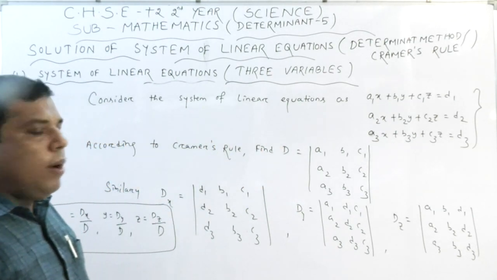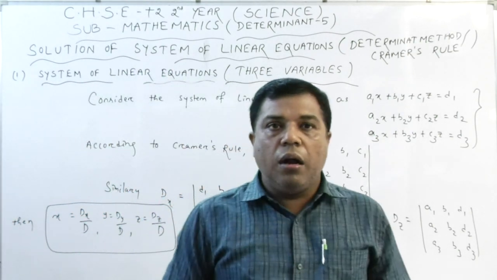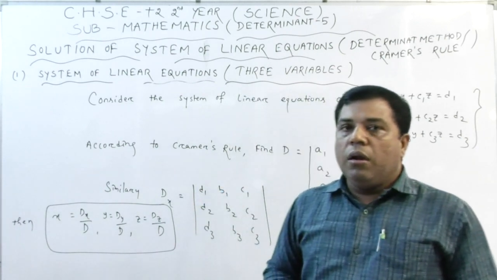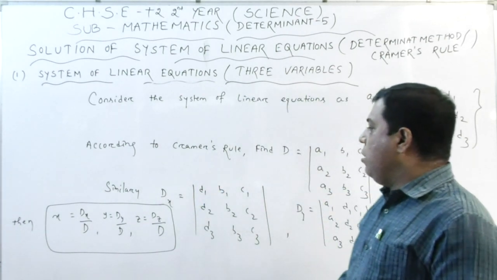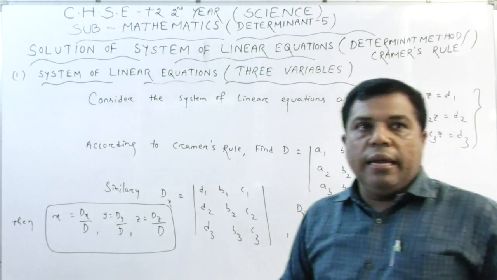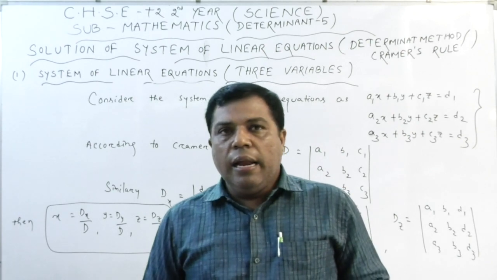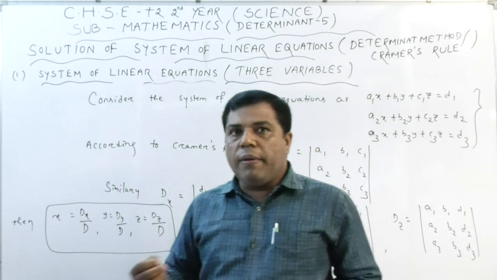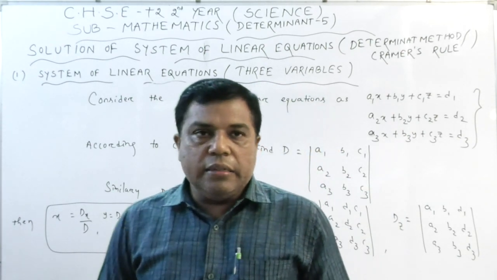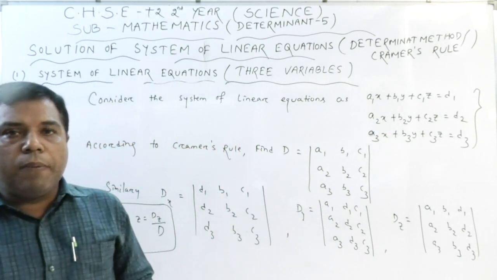Clear? Now what I hope you learned about the determinant method, Cramer's rule, to find the solution of the variables x, y and z, in two variables and in three variables. Let us move to some examples and check how the procedure is carried out in our problems.